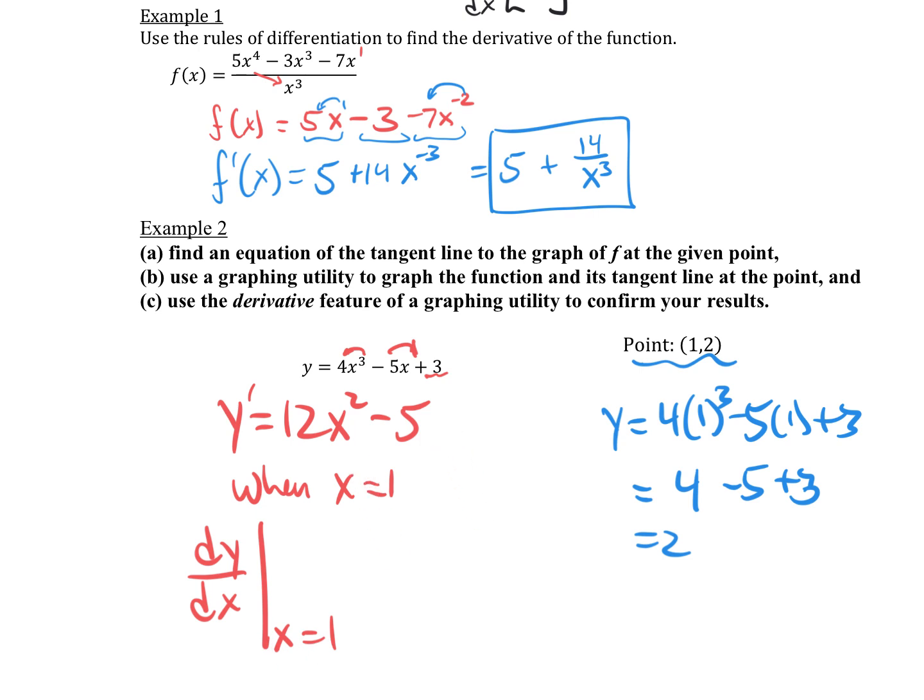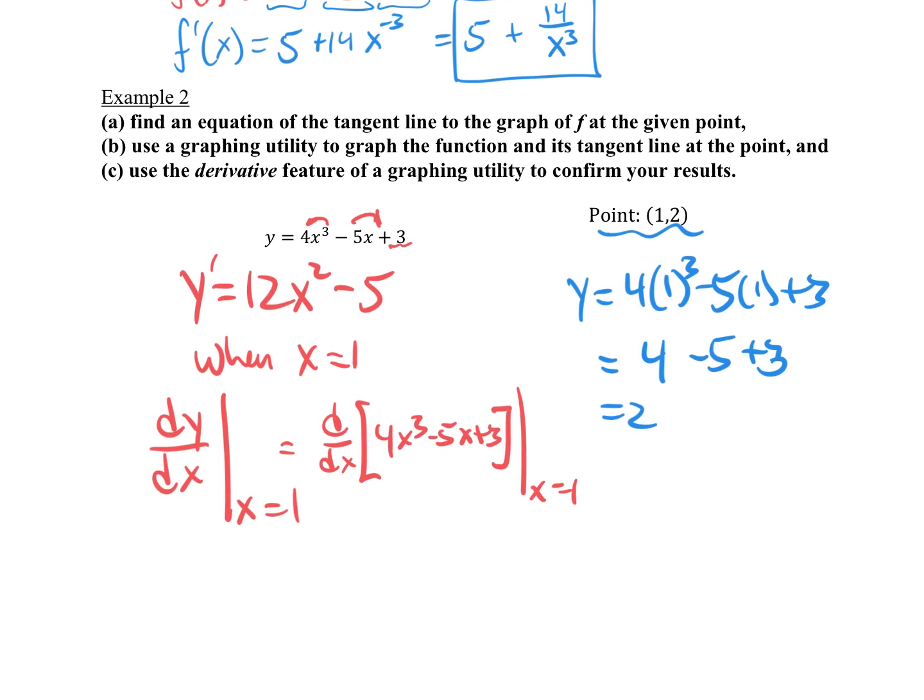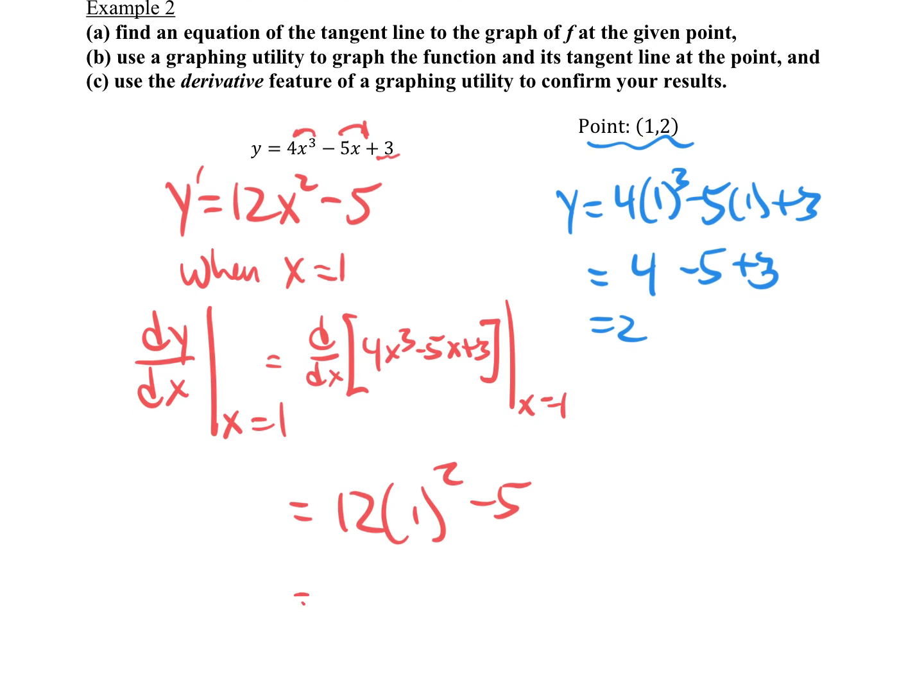Okay, is what we're doing here. So another way to write that is the derivative of 4x cubed minus 5x plus 3 evaluated when x equals 1. Okay, well that just means we're going to take the 12 times 1 squared minus 5. And that's 12 minus 5, which is 7.